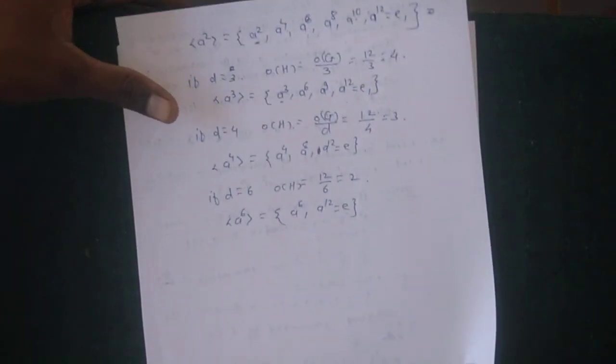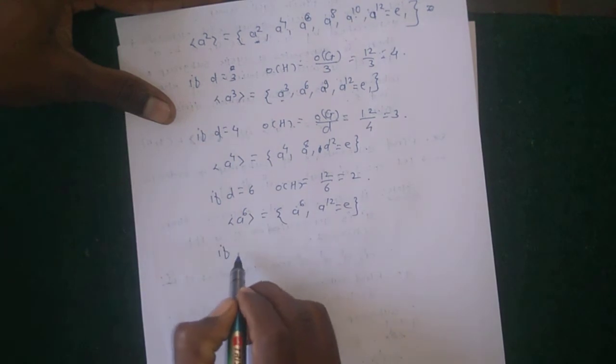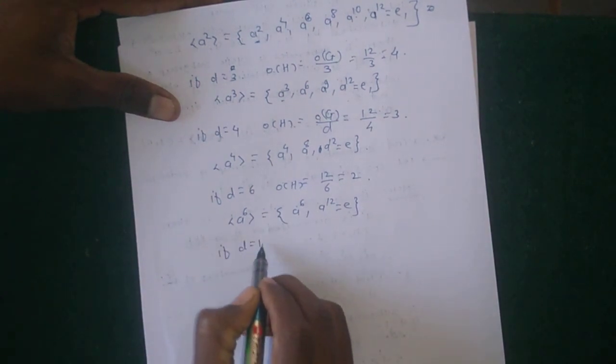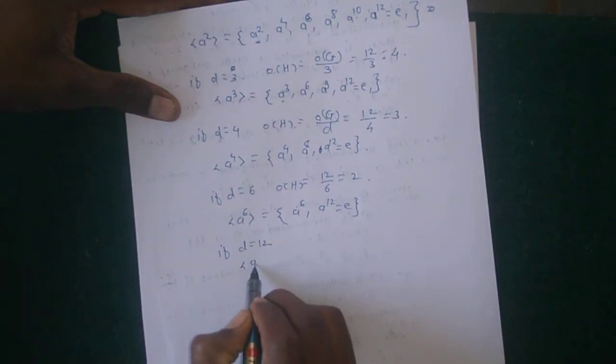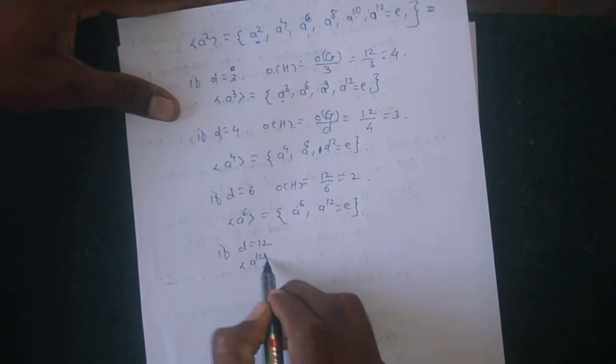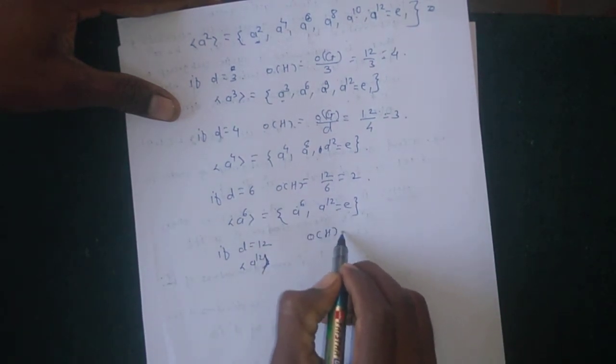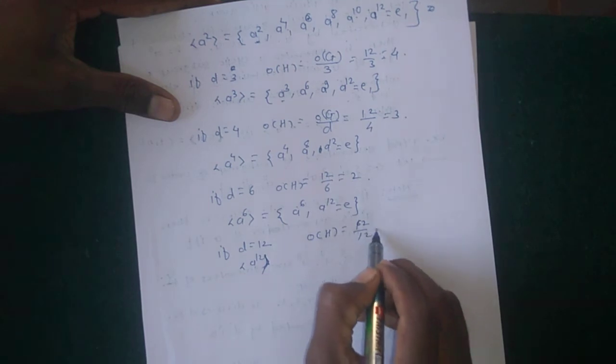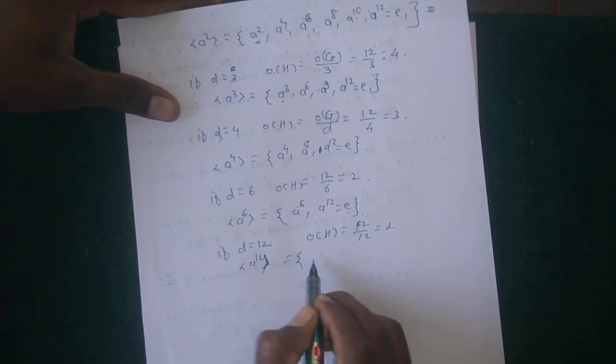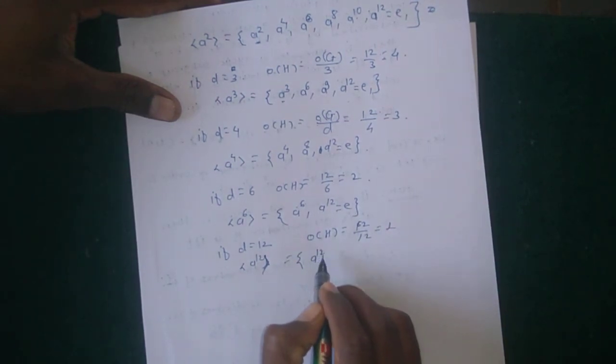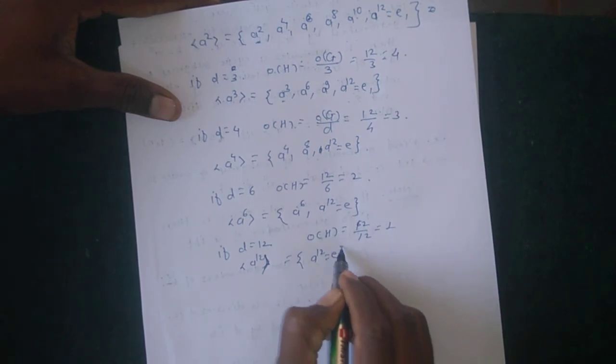Lastly, if D equals 12, then the subgroup is generated by A raised to 12. Here the order of H is 12 divided by 12, equal to only one element, and that element is A raised to 12 itself, the identity element.